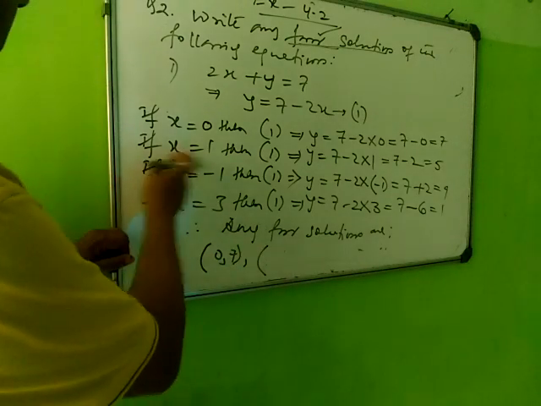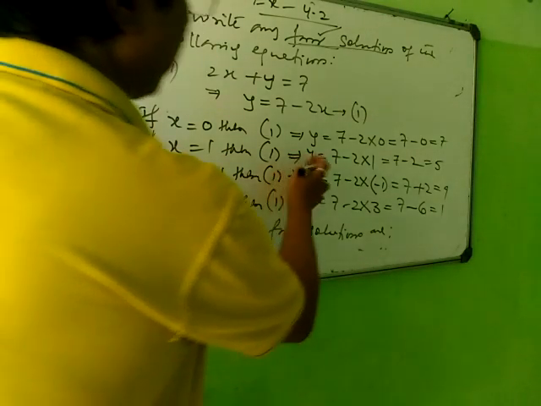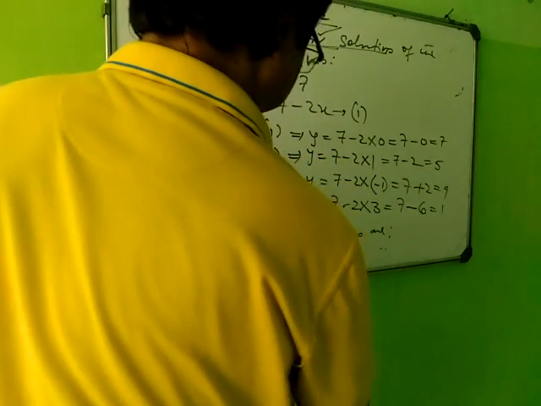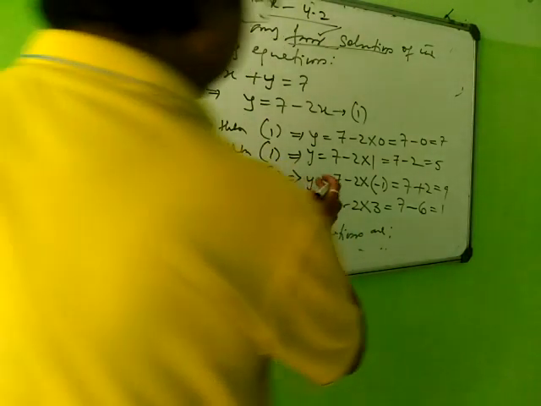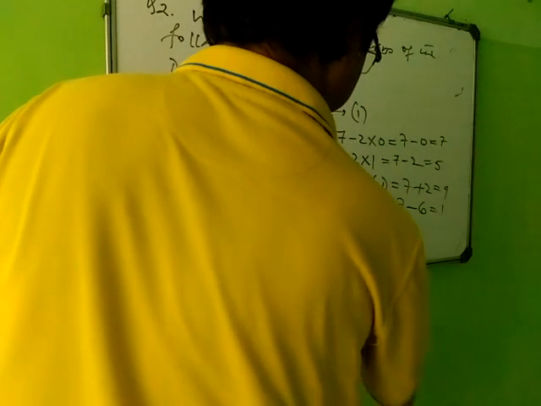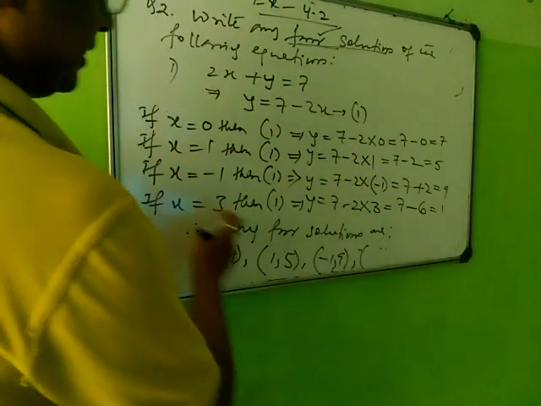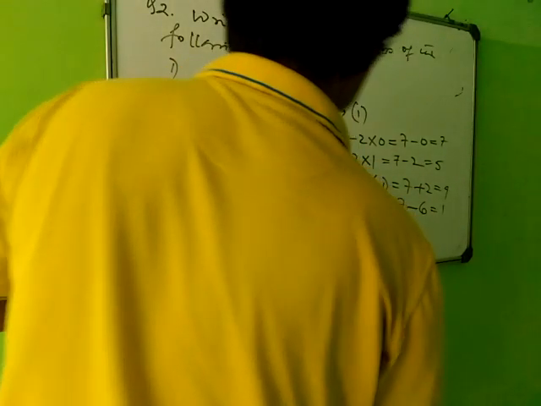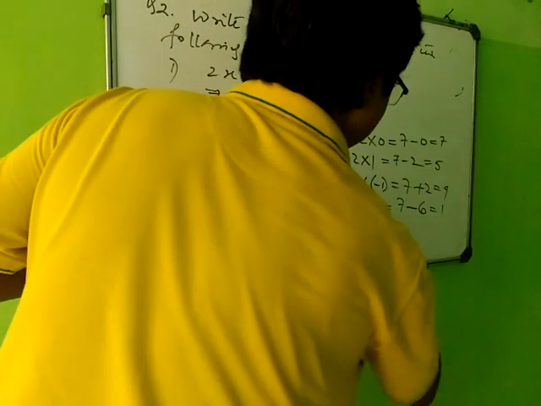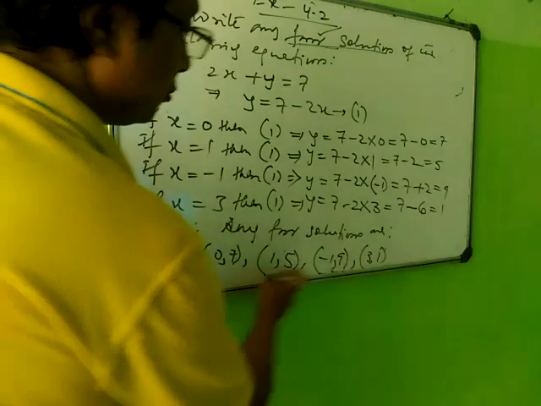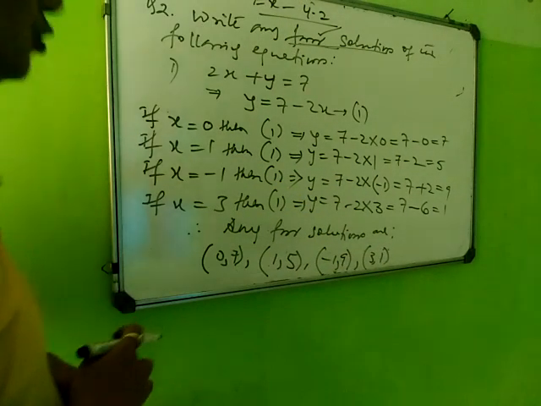Second one, x is 1, y is 5. x is minus 1, y is 9. x is 3, then y is 1. So 1, 2, 3, 4. These are the 4 solutions.